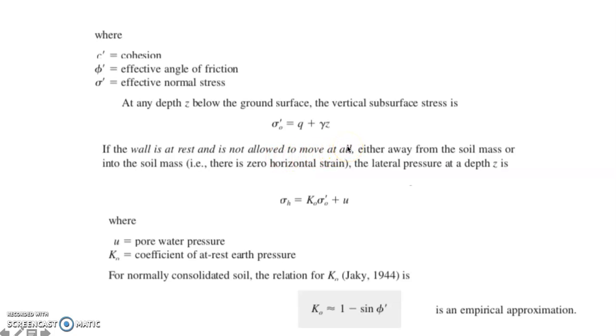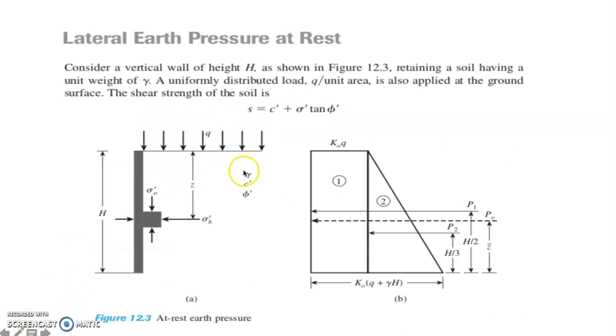However, if there is a surcharge being applied, the vertical stress would be gamma times Z, the unit weight times the height, plus the surcharge, which is Q. You have this because in this illustration, there is a presence of surcharge. If there is no surcharge, the vertical stress is equal to Z multiplied by the unit weight of the soil.